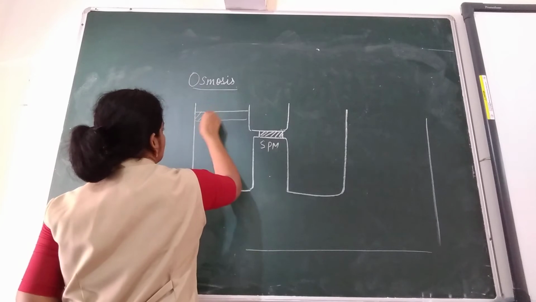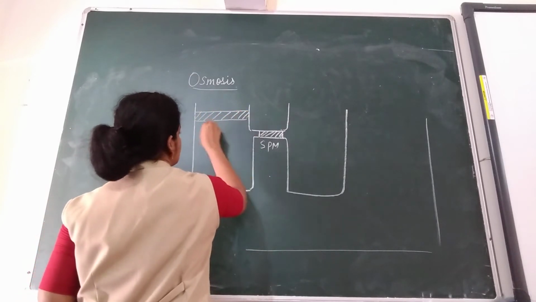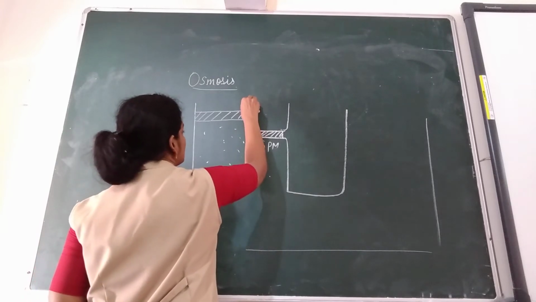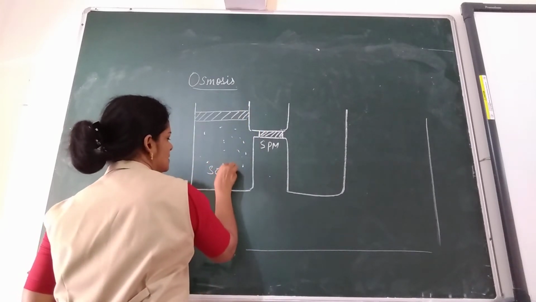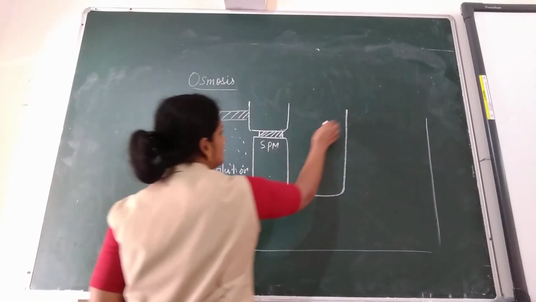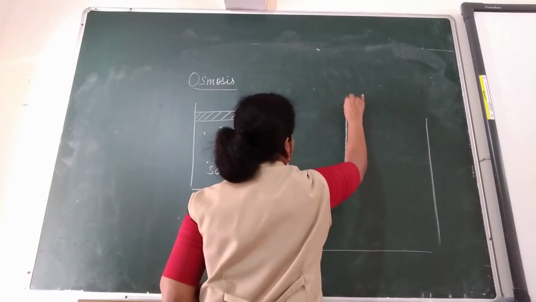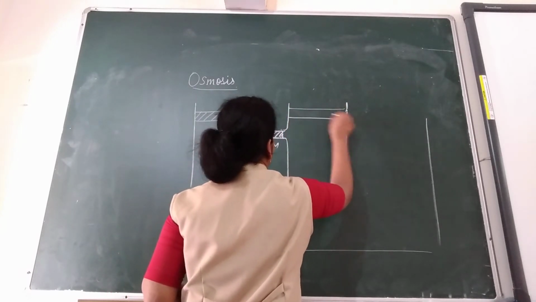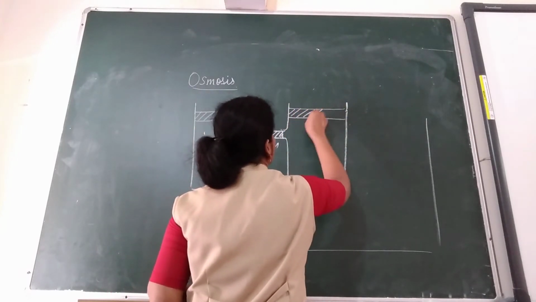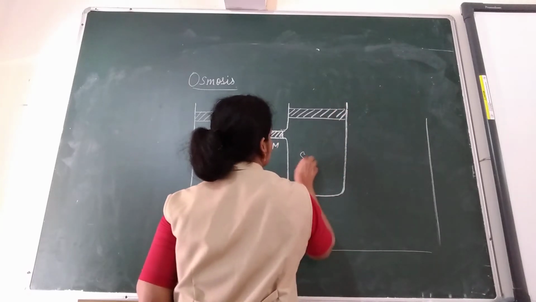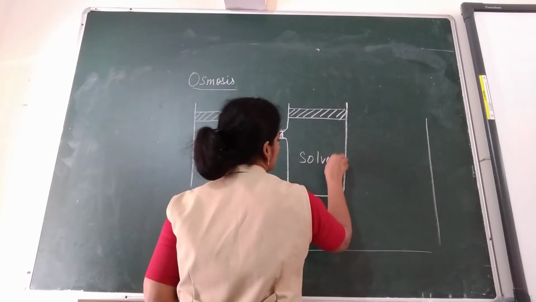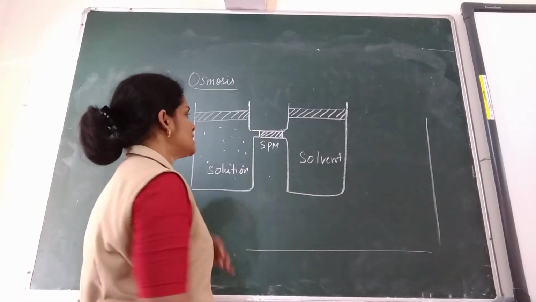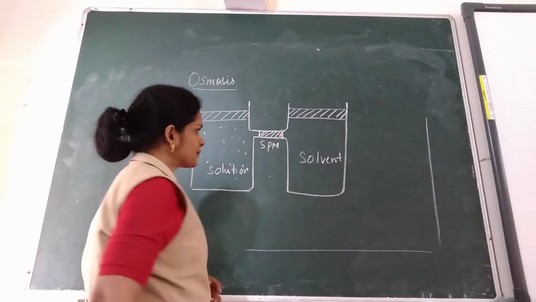This is the solution level, and in the other vessel we are taking pure solvent. So here, solution and solvent are separated by a semi-permeable membrane.